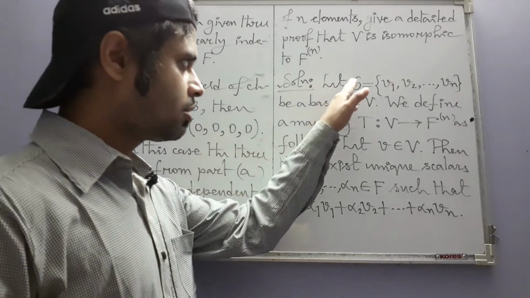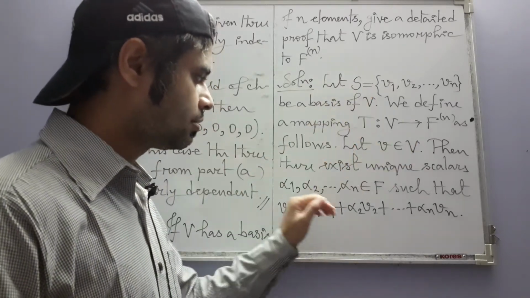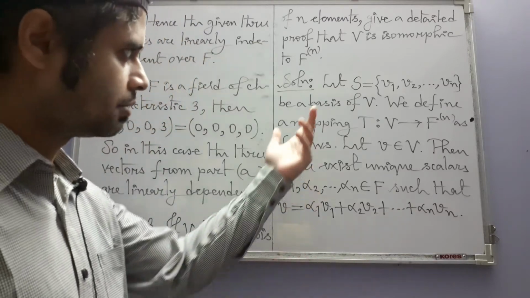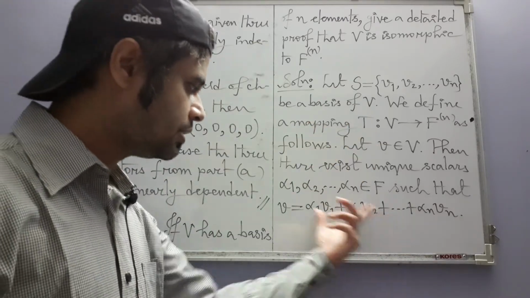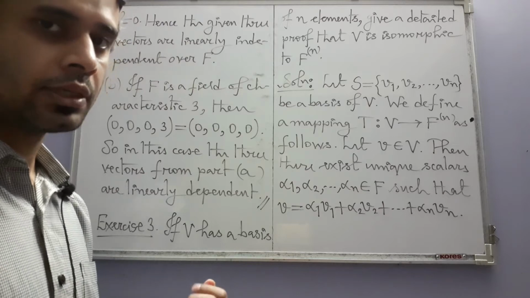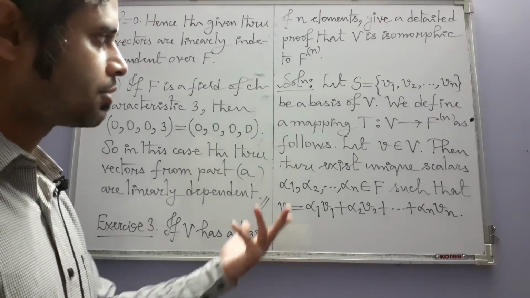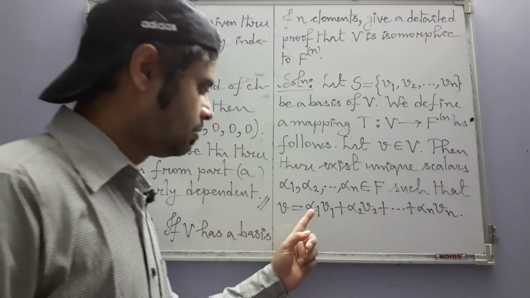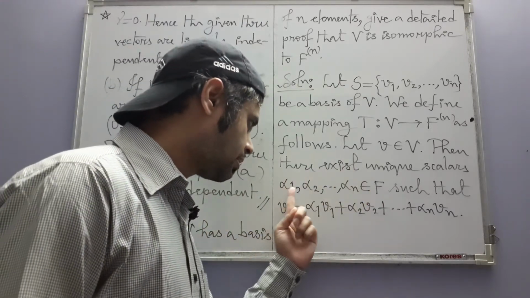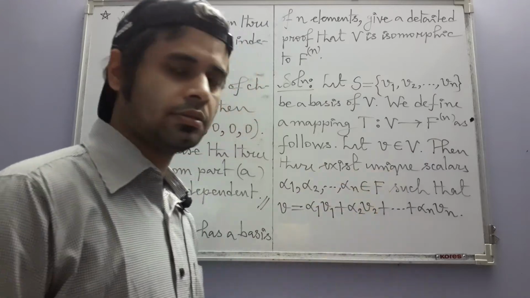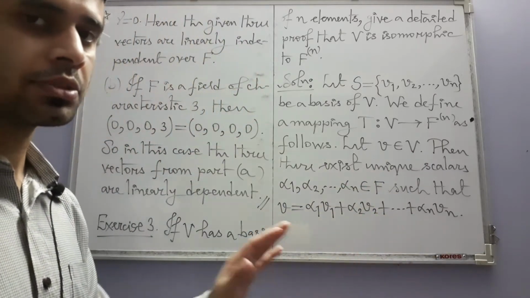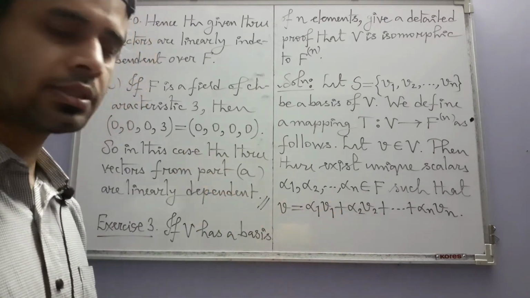Now because S spans V, there exists such a linear combination of the basis vectors which is equal to v. That existence part comes from the spanning nature of S. And the fact that these scalars are unique means you will not get two different sets of scalars which give you that same vector.